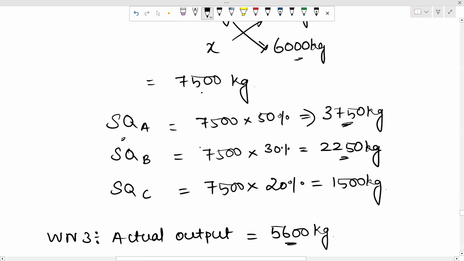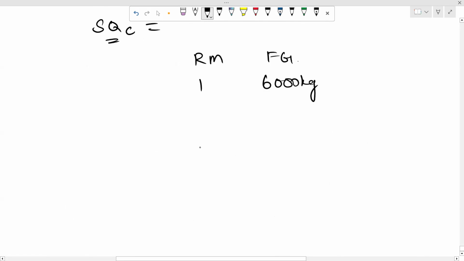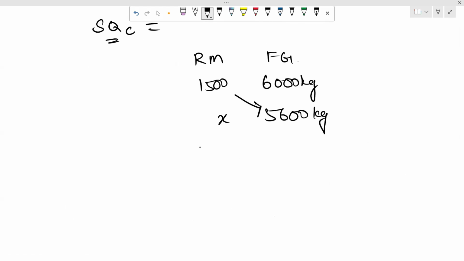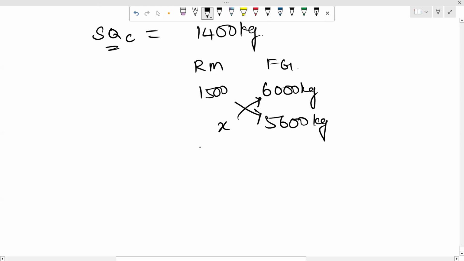It is 1,500 kg of raw material C. Then in order to produce 5,600 kg of finished goods, how many kg of raw material C should we have actually consumed? So it is 5,600 into 1,500 divided by 6,000. We get 1,400 kg is the standard quantity of raw material C.